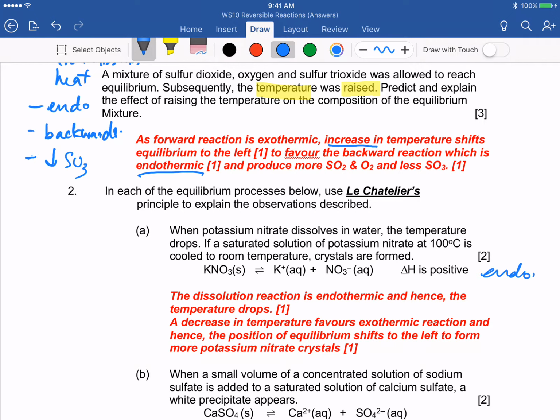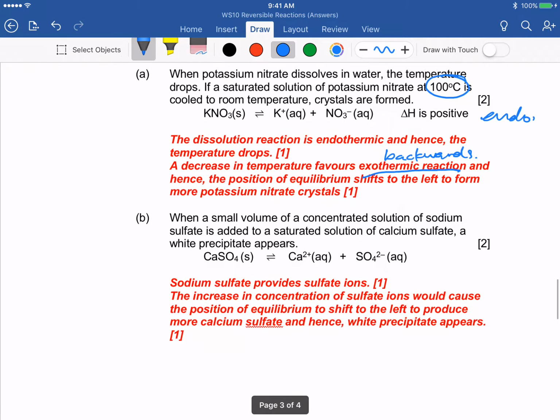The dissolution is endothermic, hence the temperature is dropping. At 100 degrees Celsius, I can dissolve more. So a decrease in temperature from 100 to room temperature favors the backwards reaction, and hence the position of equilibrium will shift to the left to form more potassium nitrate crystals.